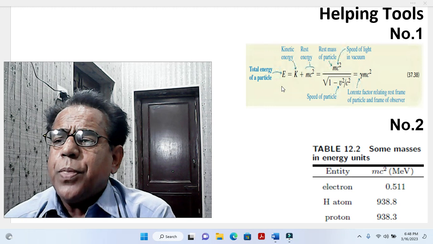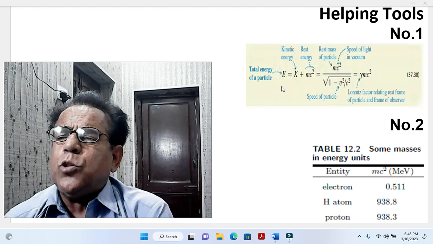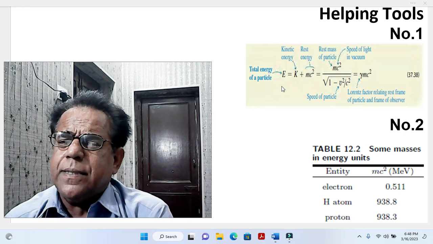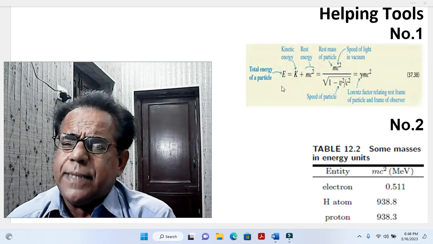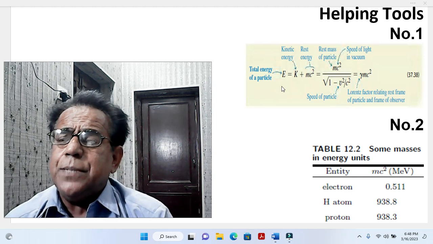There is almost no need of the last step. This is just a rearrangement.